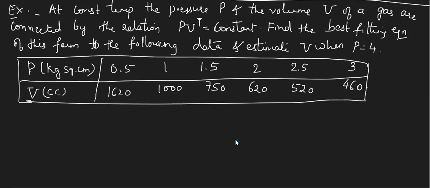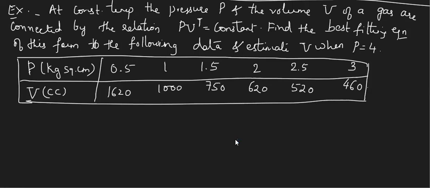Now see this relation. We don't have any x, y and all, but we have got some variables. What are the variables involved here in this equation? P and V, obviously. That's why they have given the table. So as pressure increases, volume increases or decreases, whatever it is. So volume depends on pressure, isn't it?